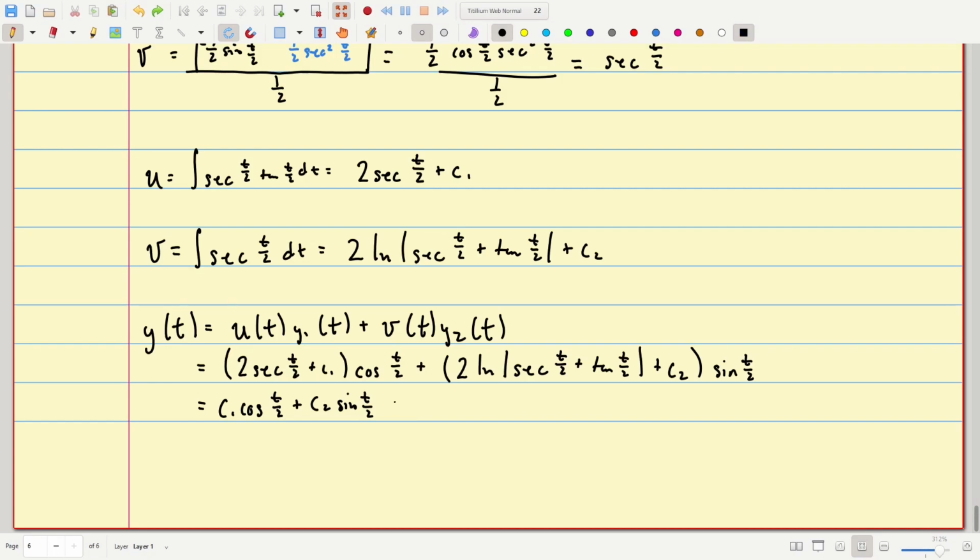And then we're also going to get this expression with the natural logarithm. Make sure that you write this in a way that makes it clear which thing is in the logarithm and which isn't, because if you put that sine at the end, it looks kind of strange and can be a little bit challenging. And again, the 2 comes from multiplying these things together. Okay, so something like this.